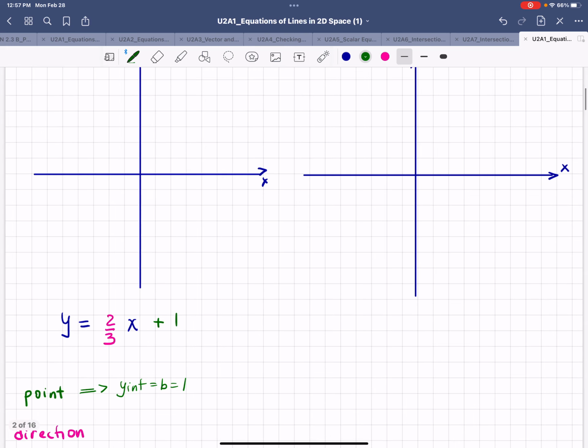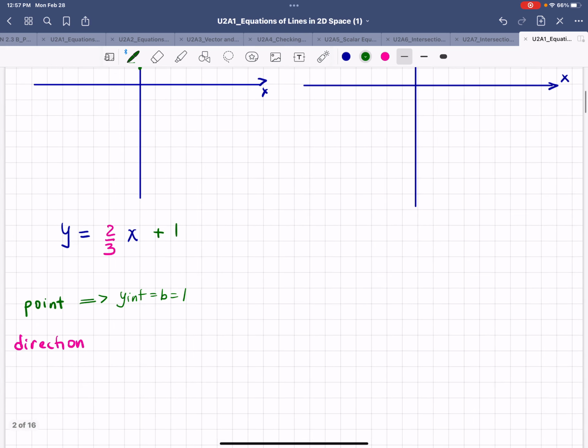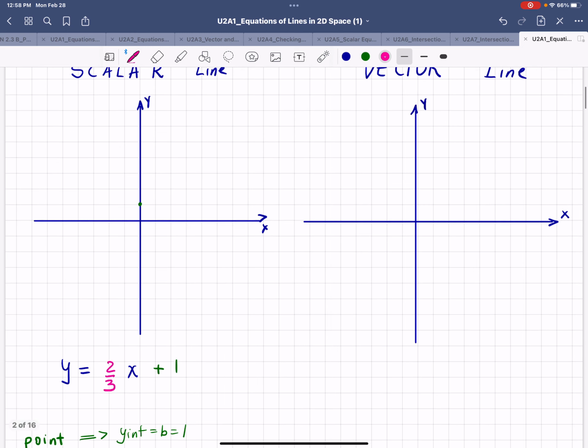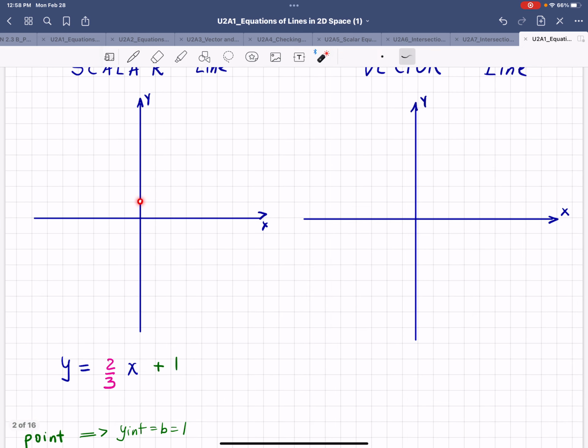So we plot the point 1 here. For direction, we are going to use the slope, which is equal to 2 over 3. Starting from the y-intercept at 1, we apply the slope, so rising 2 and running 3, stop here, and we connect the two points. And voila, we got the graph of this equation.